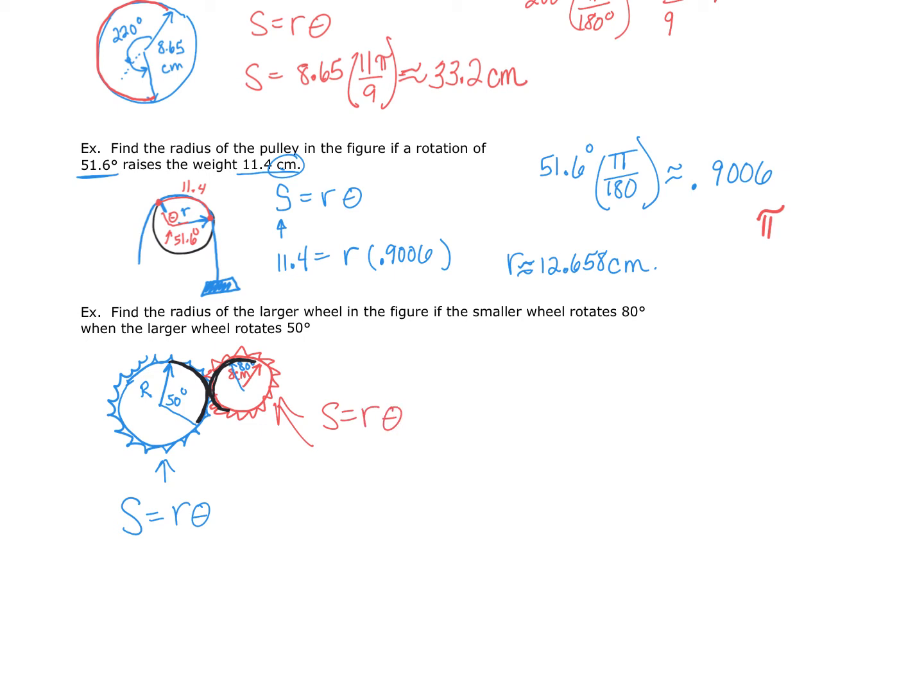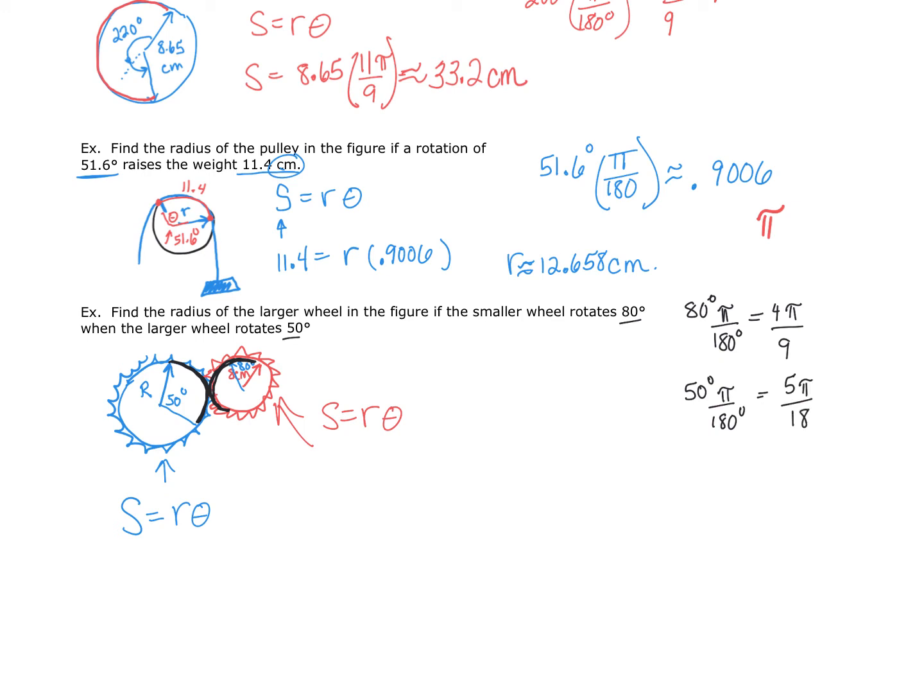Now, we notice that 80 degrees and 50 degrees are not in radians. So I'm going to change 80 degrees to radians, and I'm going to get 4 pi over 9. And I will do the same thing with our 50 degrees, and that's going to give me 5 pi over 18.